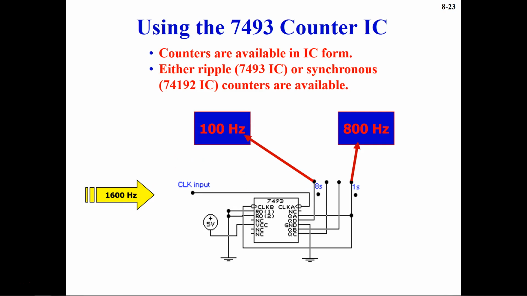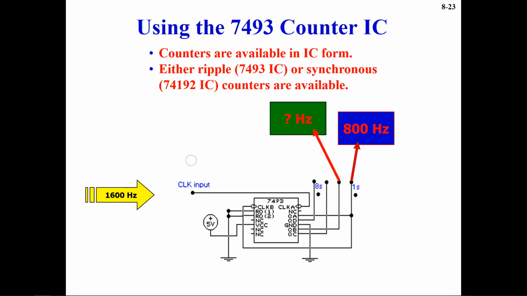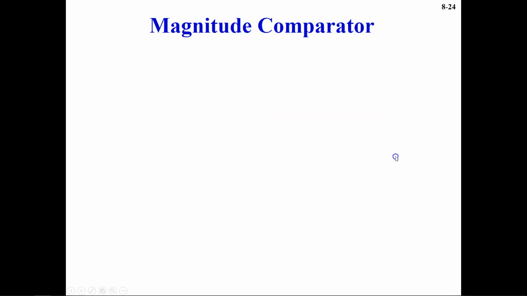So that's the answer. And at this point, what is going to be the frequency? This is f by 4, where f is 1600, or you can take the input clock from here and divide it by 2, and that will give you 400. So 400 Hertz is the answer.